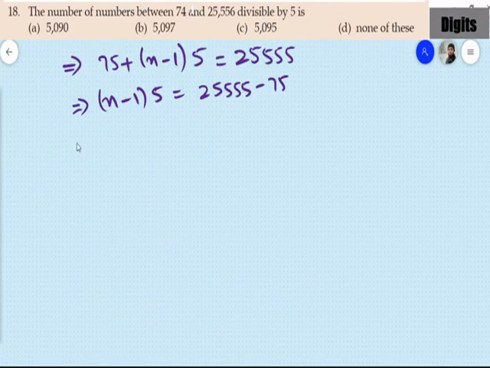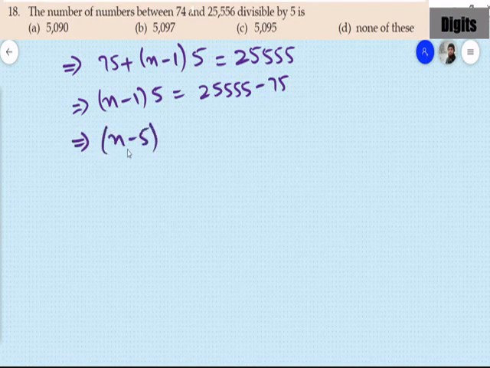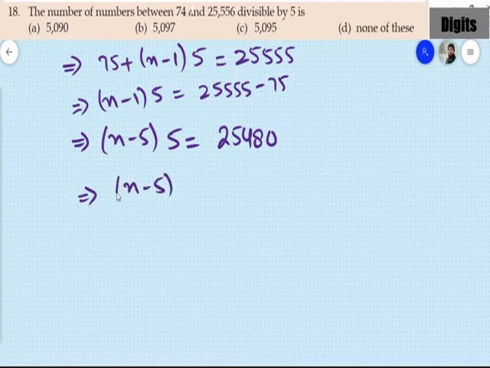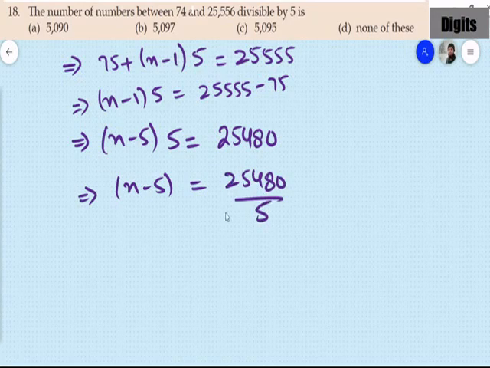It implies n minus 1 into 5 is equal to 25480. Then we simply transfer this 5, which will be 25480 divided by 5. When we divide this number by 5, it is equal to 5096.